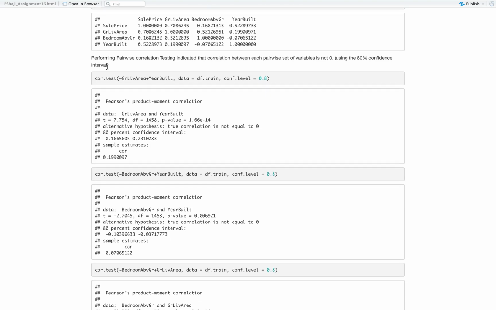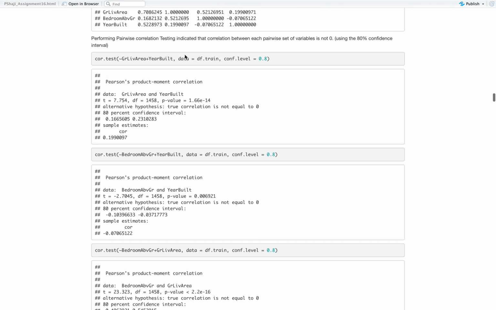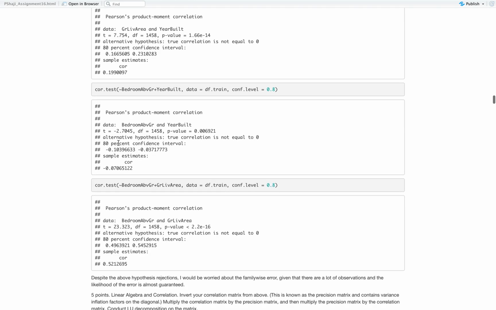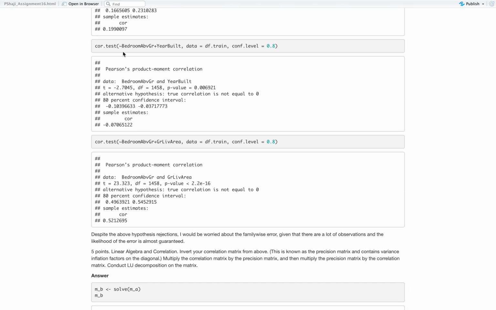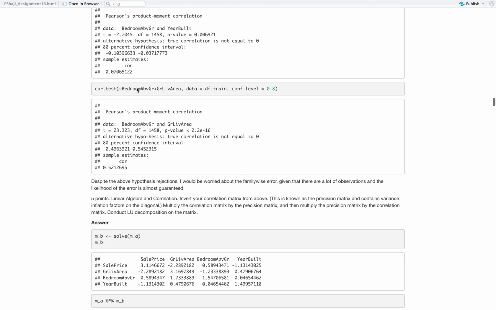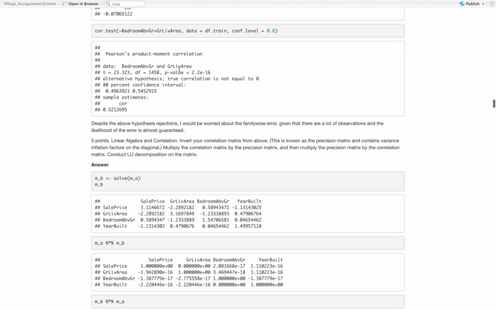After that, we perform pairwise correlation testing, which indicated that the correlation between each pairwise set of variables is not zero. Using an 80% confidence interval, we do the correlation test between the ground level area and year it was built, then between bedroom area above ground level and year it was built, and then between bedroom area and the ground living area.